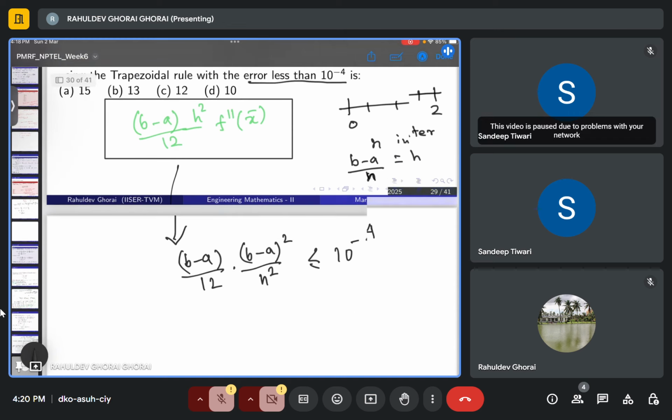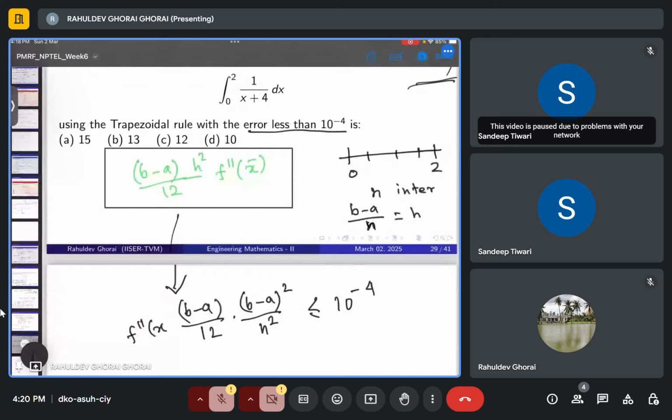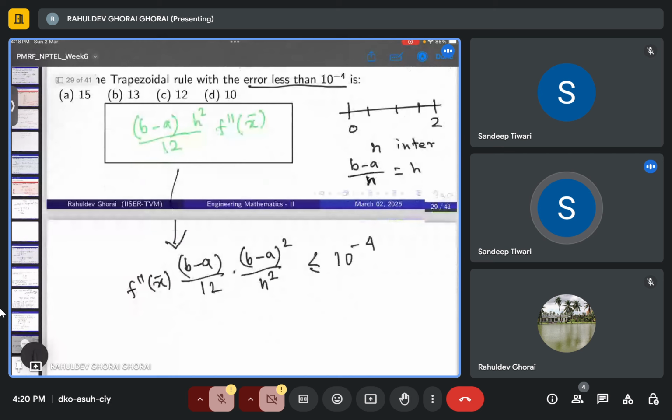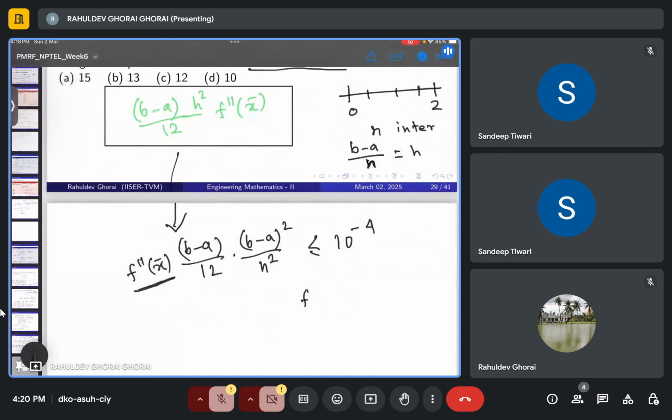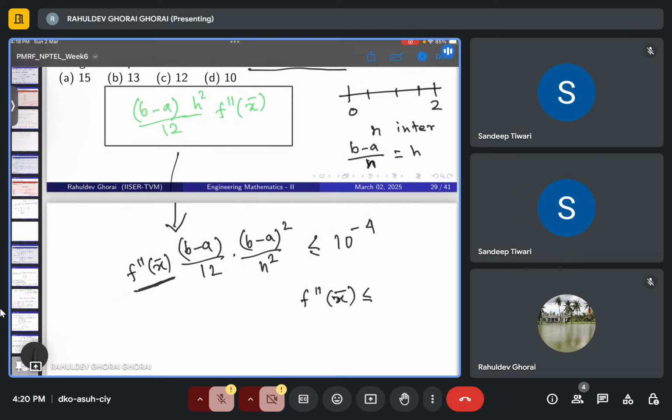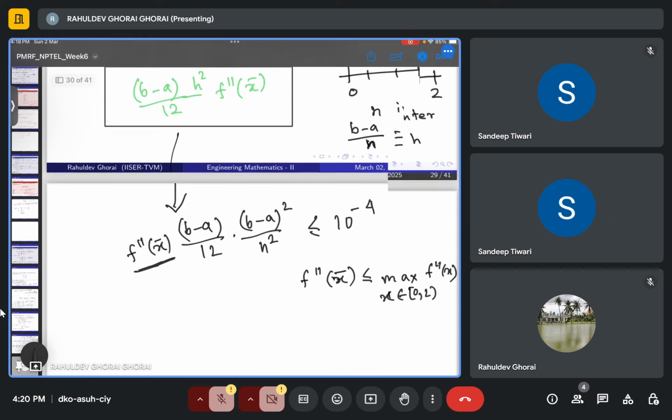Sorry, f double prime x bar is there also, right? So now this f double prime x bar, where f of x is 1 over x plus 4, is always less than or equal to the maximum of f double prime x for x belonging to 0 to 2, right?